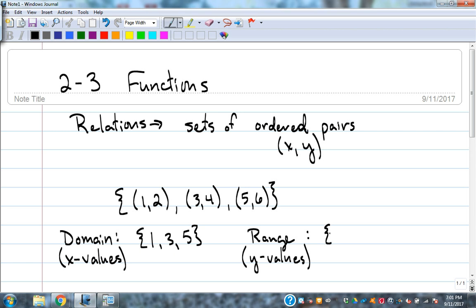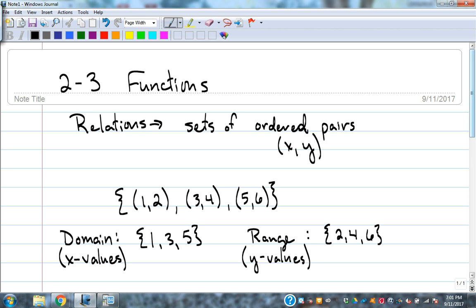That would be the set of the y values from those ordered pairs, in this case 2, 4, and 6, with curly braces around those to depict sets. So a set of ordered pairs is a relation. The domain of a relation are the x values that go with it. The range of the relation, the y values that go with it.